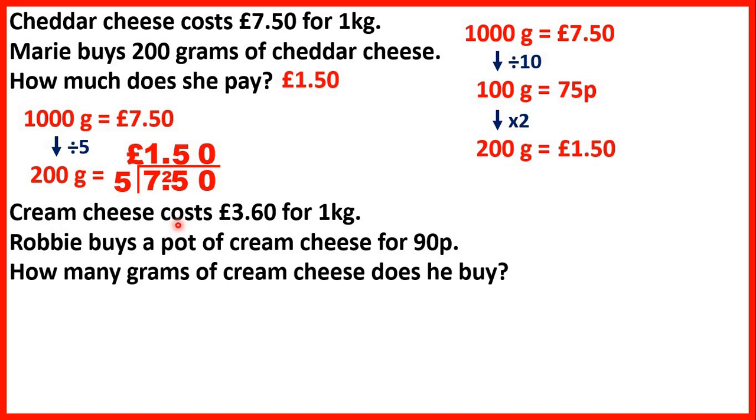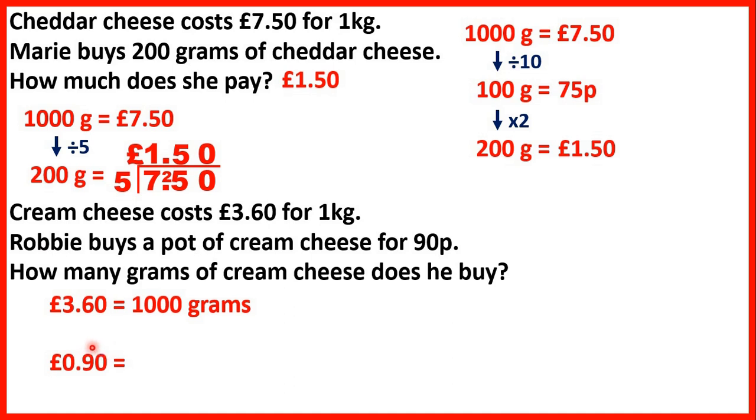Now, cream cheese costs £3.60 for 1 kilogram. Robbie buys a pot of cream cheese for 90 pence. How many grams of cream cheese does he buy? So here we know that £3.60 is 1000 grams, but Robbie only spends 90 pence.